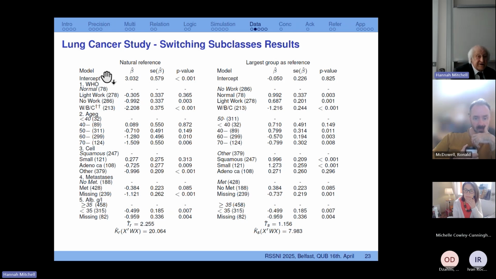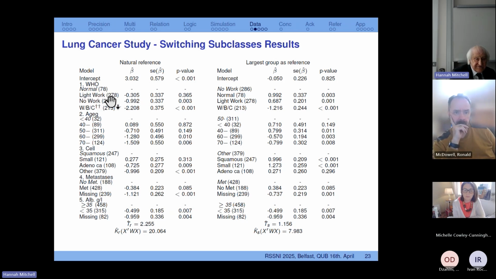Okay? So let's look at performance status. The things in italics, I hope you can see that normal is italicized. That's the reference subclass.